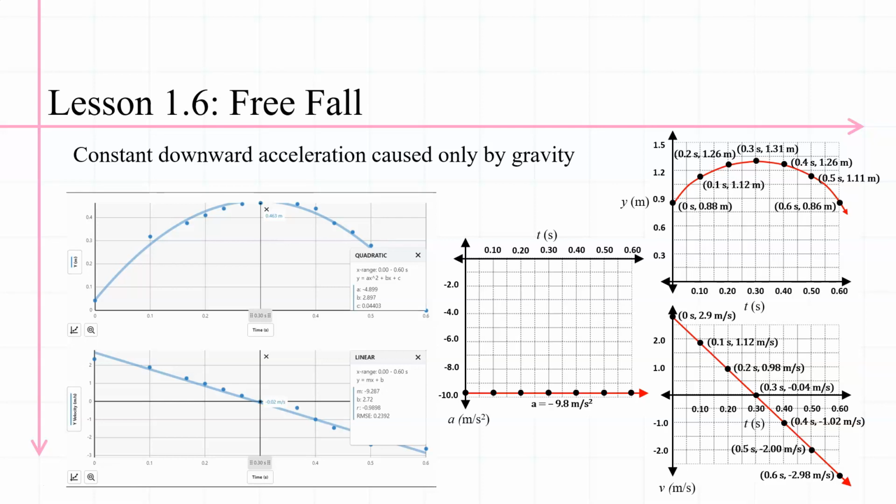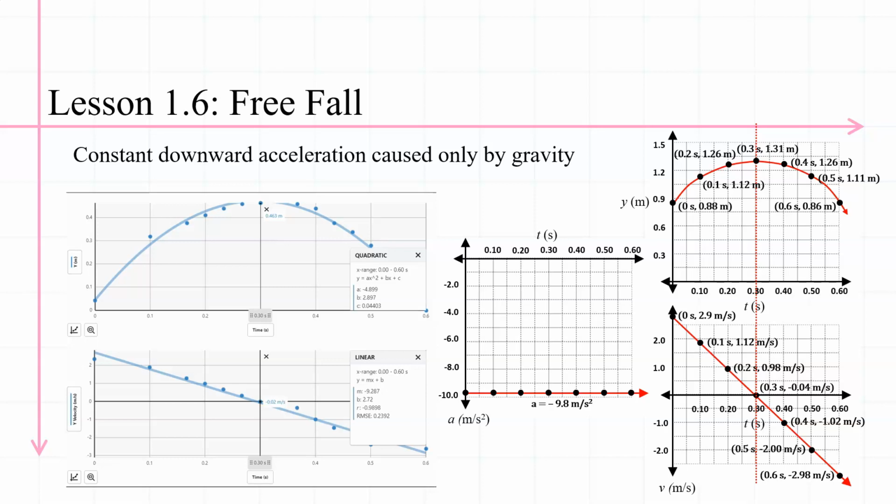Now there's a key point here that I'm trying to make by lining these two graphs up with one another. Notice that the times are lined up on the position graph and the velocity graph. I'm just going to put a line on the graph here right in the middle. Notice that where the velocity time graph has the curve crossing the x-axis, that means the velocity is 0 at that point.